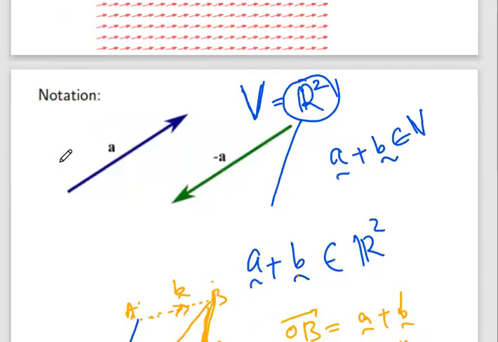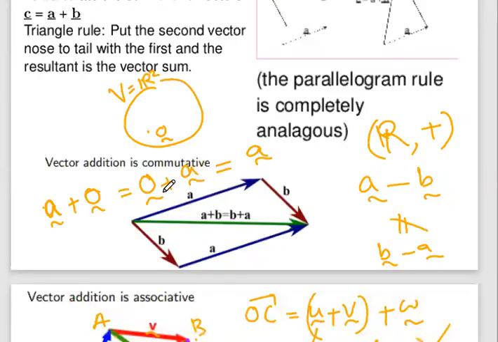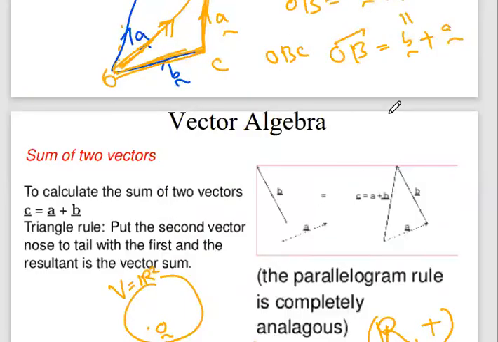When you add two vectors, you get another vector because vector addition satisfies the closure property.